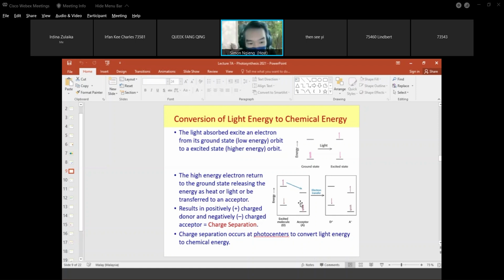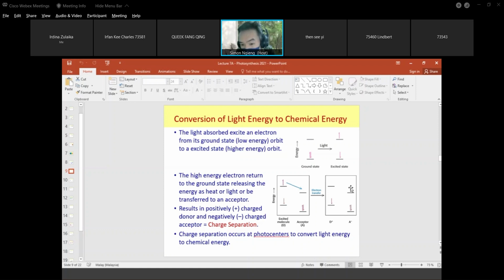Normally the passing of energy can only occur between molecules of similar energy level or of a lower energy level. It cannot go from this stage to a higher energy unless you supply energy to that process. If not, normally it is going to be transferred to a lower energy.